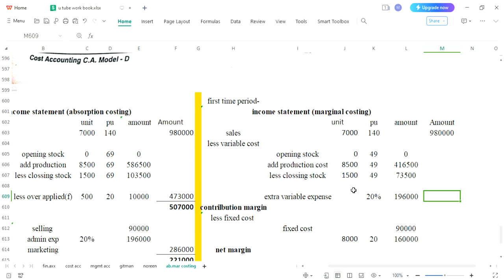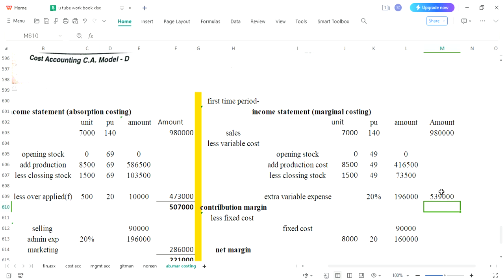So first opening stock, and then you need to add your production cost 416, and next step is to subtract closing stock 73, and extra expense, that means expenses are increasing 196,000. So what we have done: opening stock plus purchases minus closing stock plus extra expense. All variable cost as a whole has been calculated.